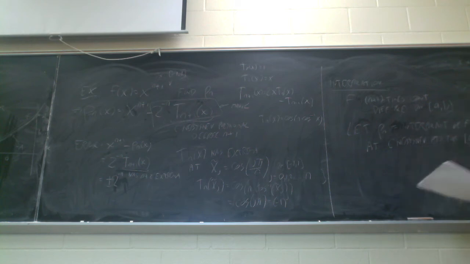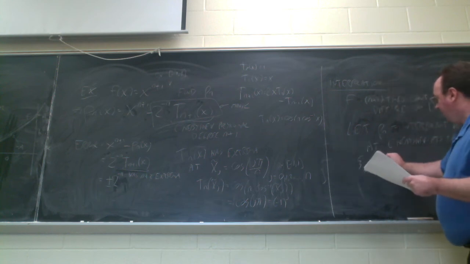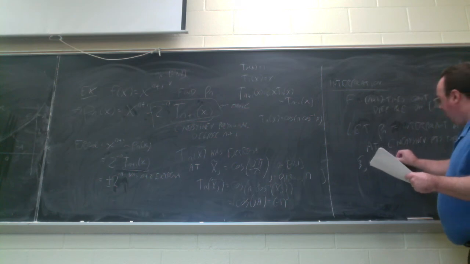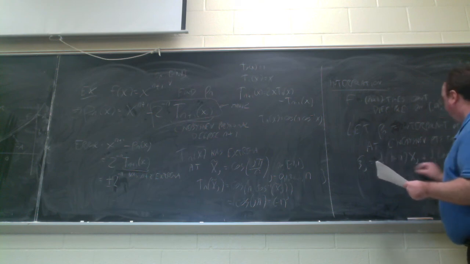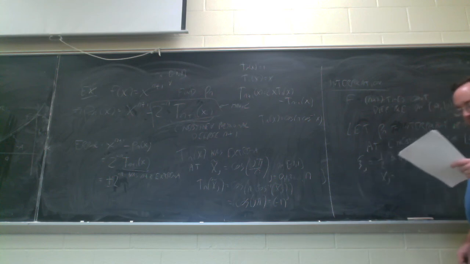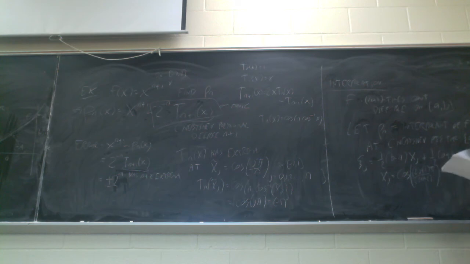What that means is these are Chebyshev points where I take 1/2 (b minus a) times xj plus 1/2 (a plus b), where xj are the roots of the Chebyshev polynomial on minus 1 to 1, for j going from 0 to n.